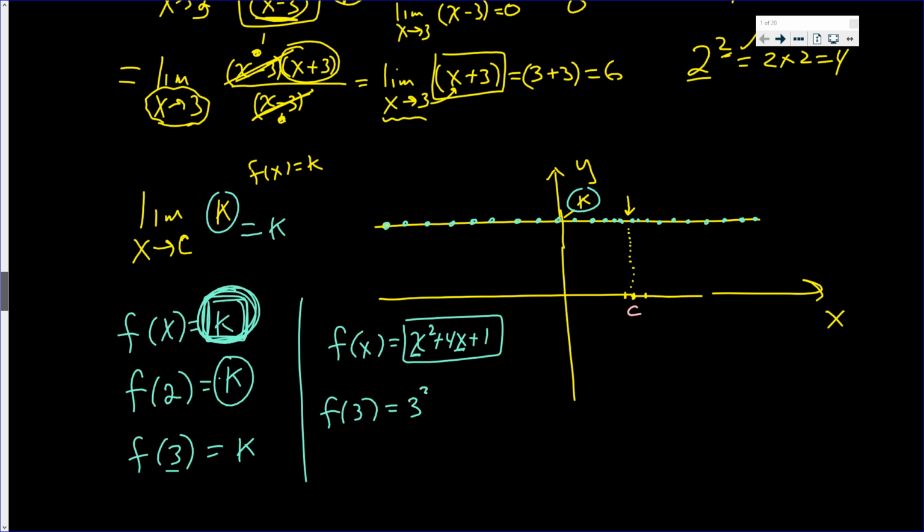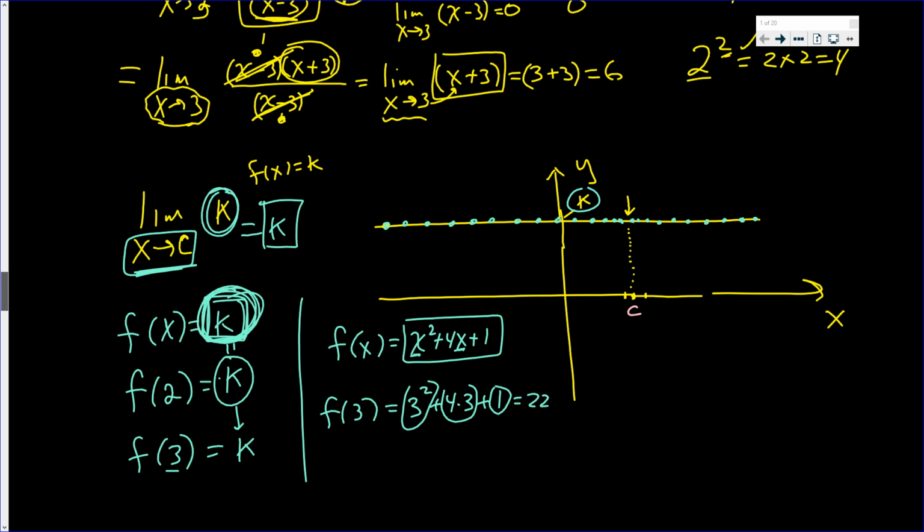I get 3 squared plus 4 times 3 plus 1. 9 plus 12, 21 plus 1, 22. But if there are no x's, I just get back k. So no matter where I am on the x-axis, near k, not near k, this k is always k. It doesn't care about x.